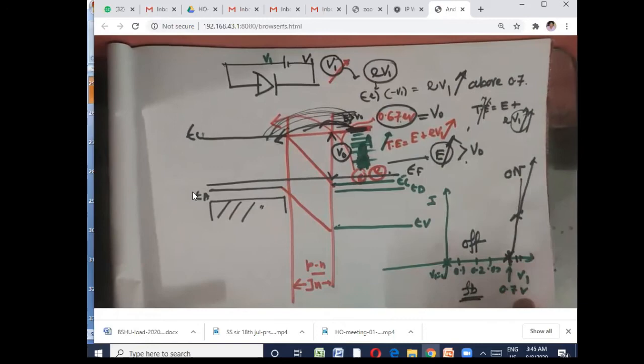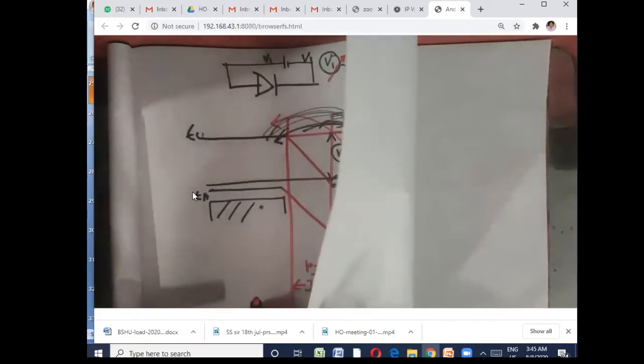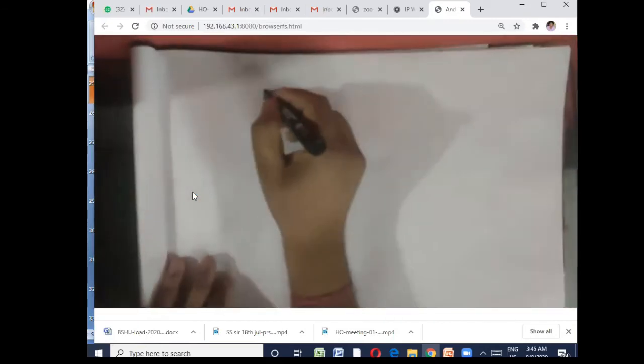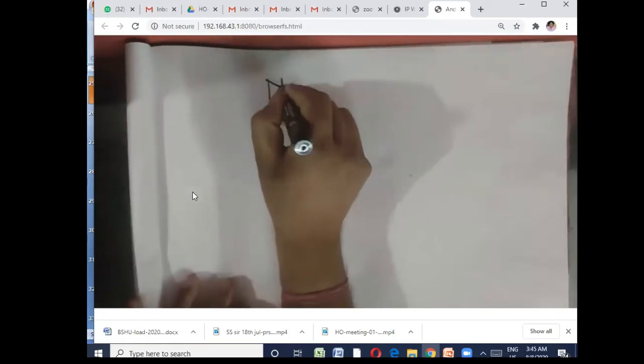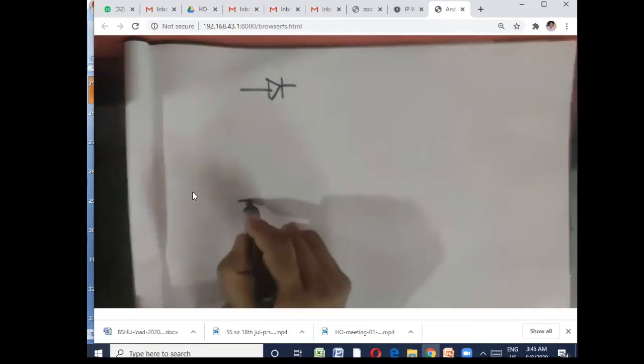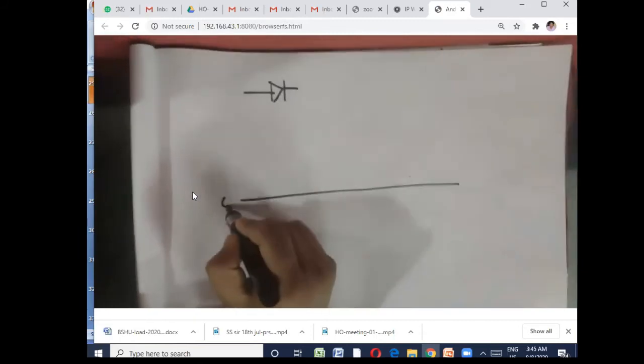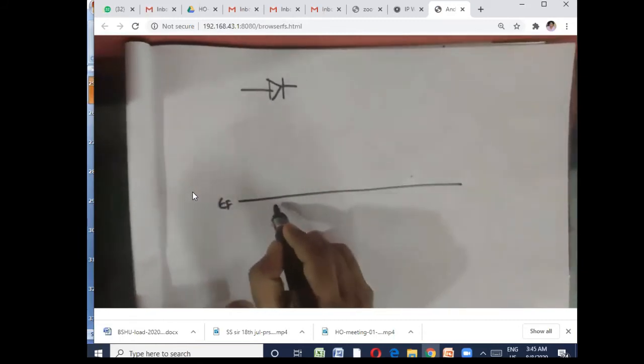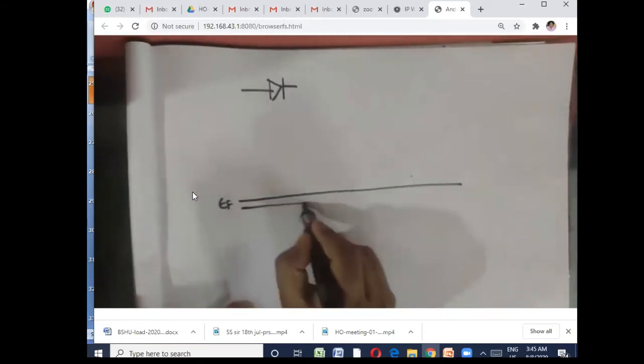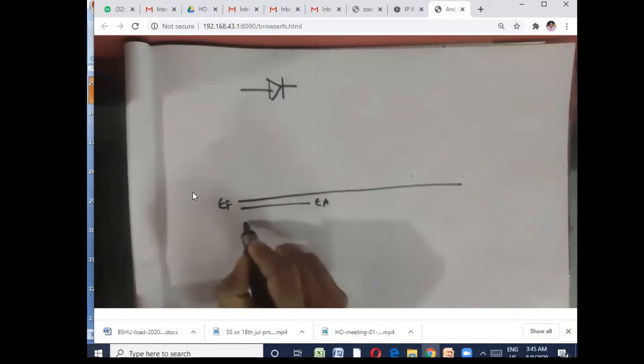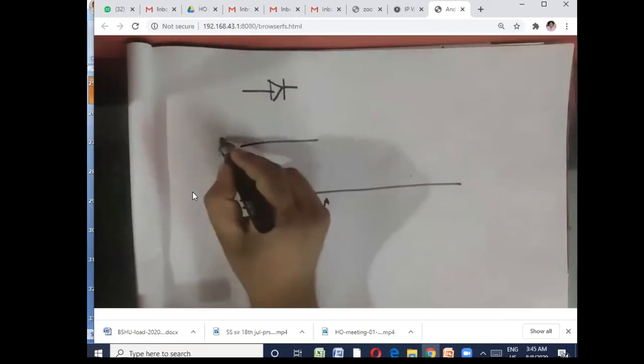If you try to see what happens in reverse bias, the same story will happen. This is the reverse bias diode characteristic of the P-N junction diode. Again, this is the Fermi level, this is the acceptor level, the top of the valence band, the bottom of the conduction band.